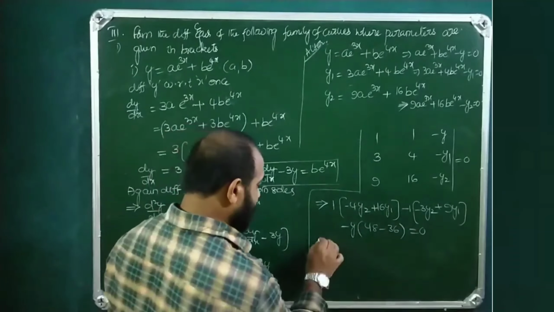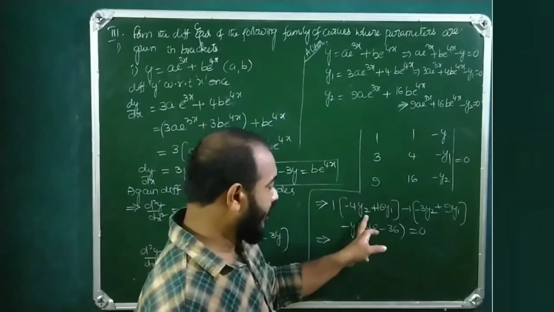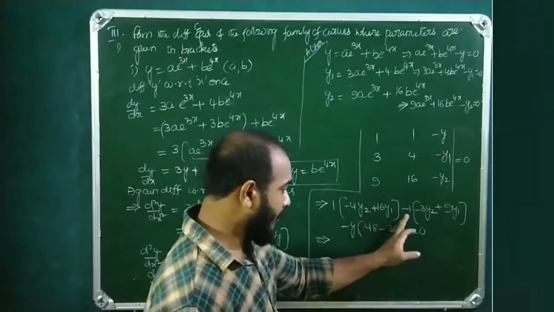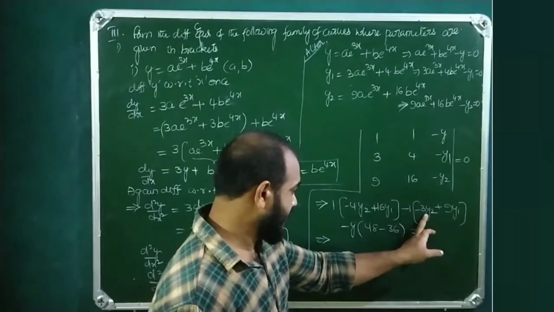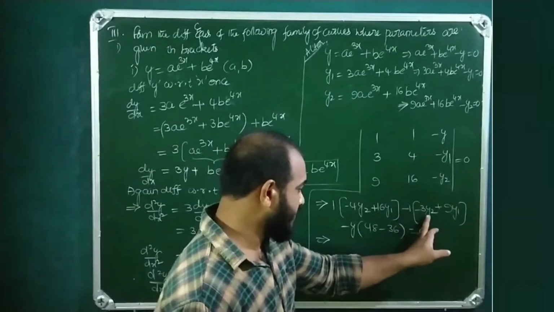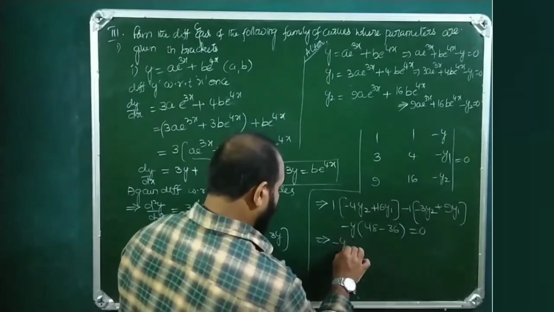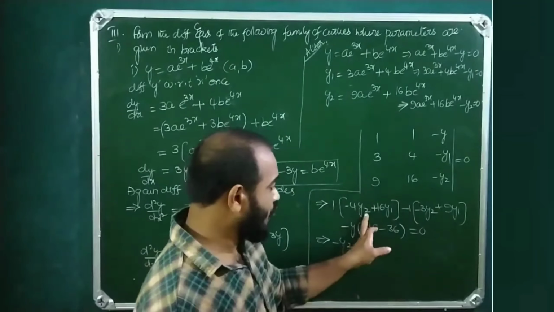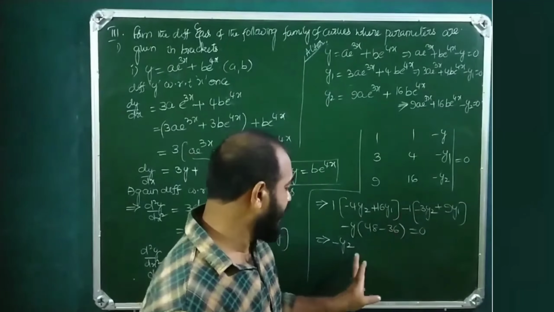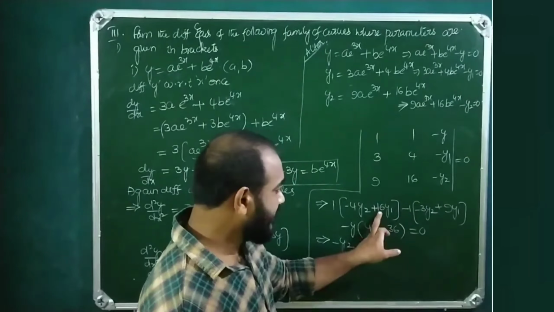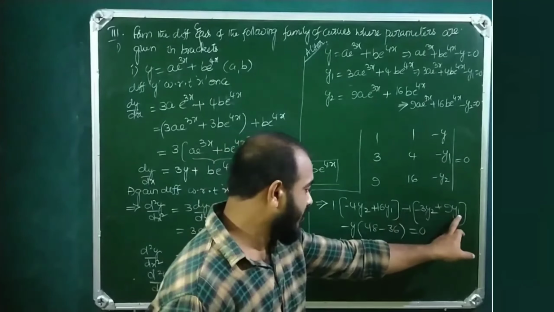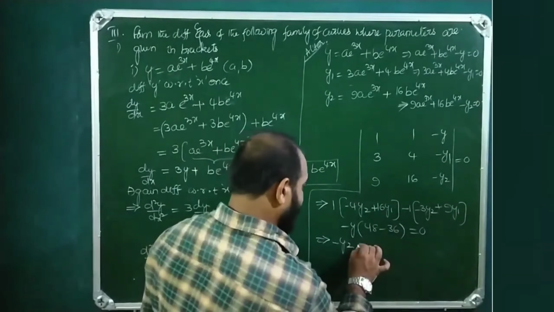Now the y2 terms: minus 4y2 plus 3y2 is minus y2. Next, plus 16y1 minus 9y1 is plus 7y1.